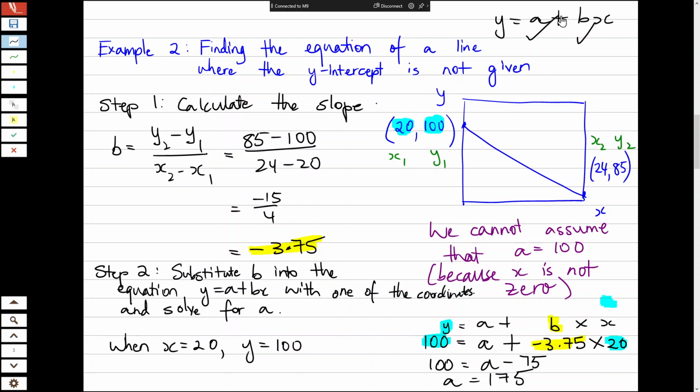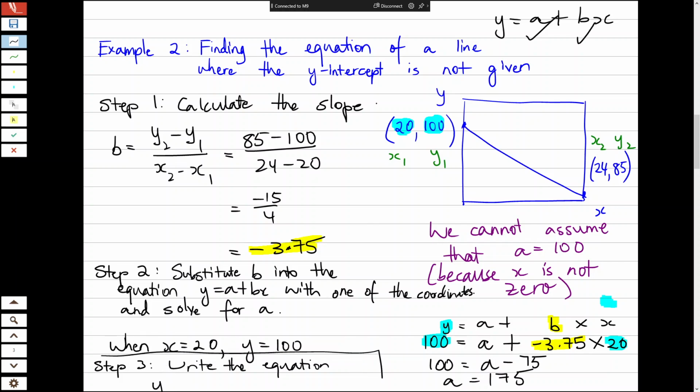Sorry, I misunderstood. So we haven't actually answered the question, so let's make sure we do that. So step 3, I want to keep it all on one page. Step 3 is to write the equation. So just put it all the way here.